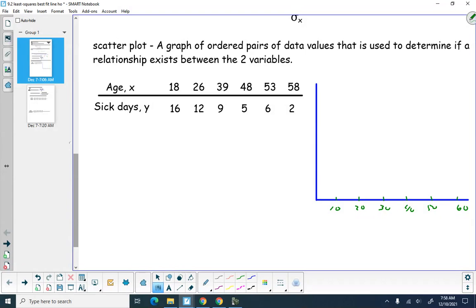I need to make sure I cover my data values, and if I want to, I could divide these into halves to give me the fives. For the number of sick days, I go from 16 to 2, so I need to make sure I get up to 20. I can count by fives if I want.